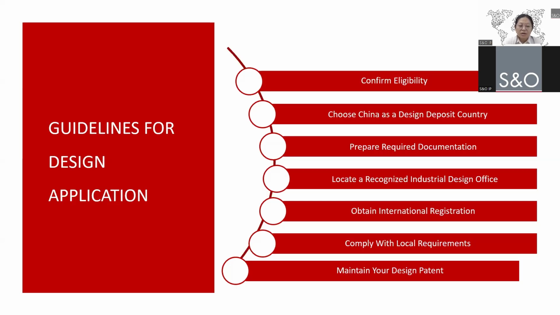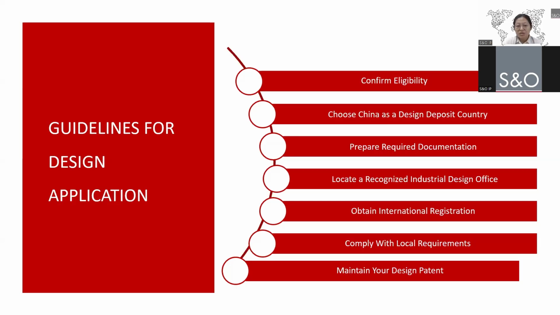Locate a recognized industrial design office. You must file your application at a design office recognized under the Hague system. This can be done directly with WIPO or through your local design office if it participates in the Hague system.